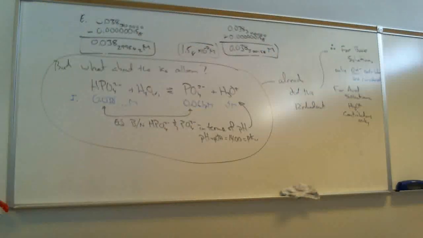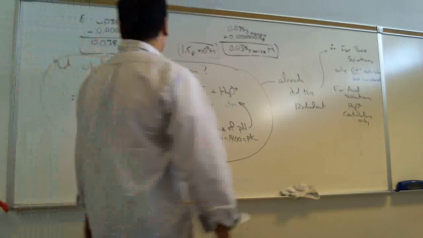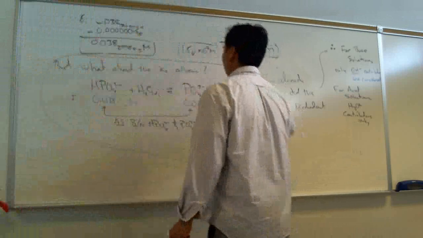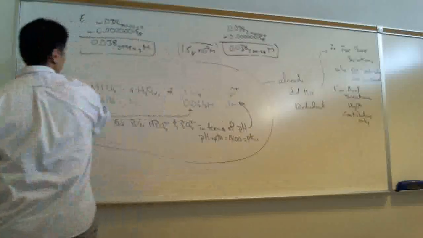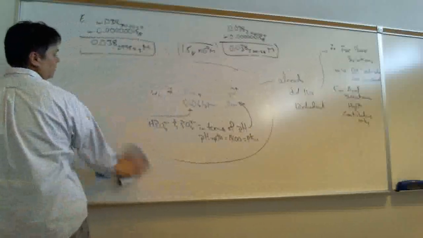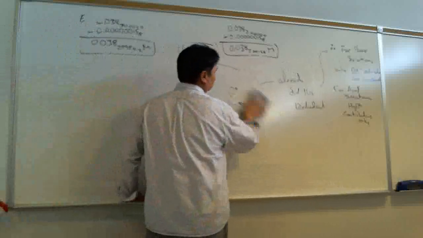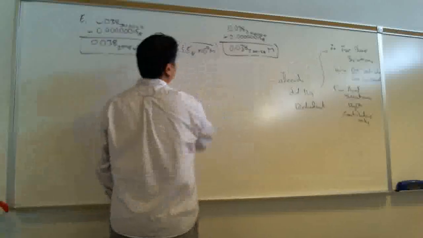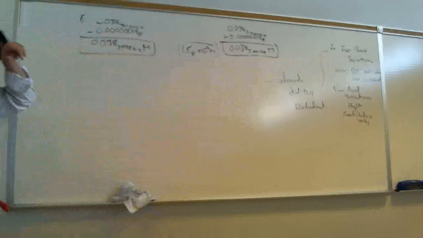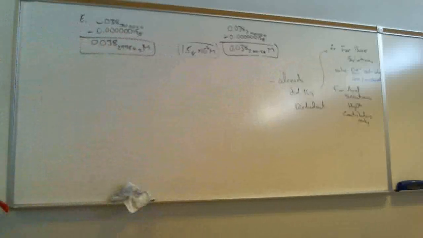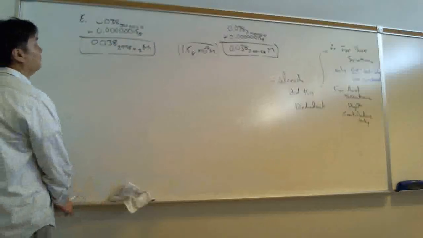Does that make sense? And so what about the Ka? Well, we already did it, so we aren't going to worry about it. Or it's already factored in to play. And you get the same equilibrium. Collision's going to happen for sure, but the amounts are going to be already dictated by what we solved.